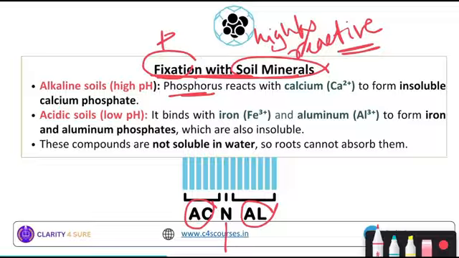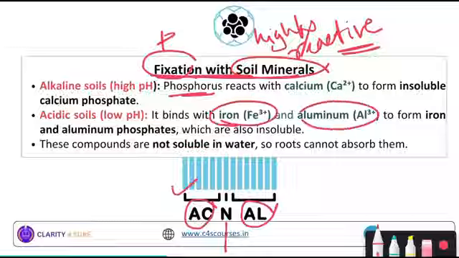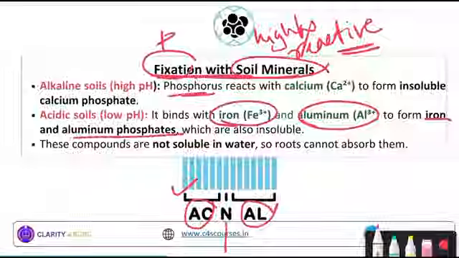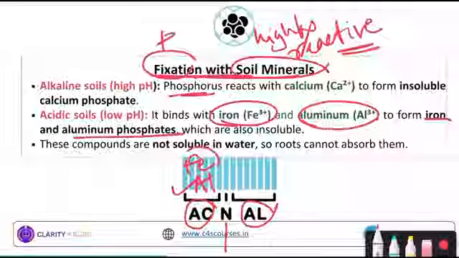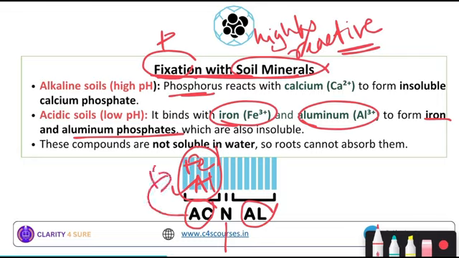So when the soil is acidic, it is going to react with iron and aluminium, forming iron and aluminium phosphates. That is, a complex is going to be created because the phosphate is highly reactive, and it is going to make a bond with these, forming iron and aluminium phosphate compounds.